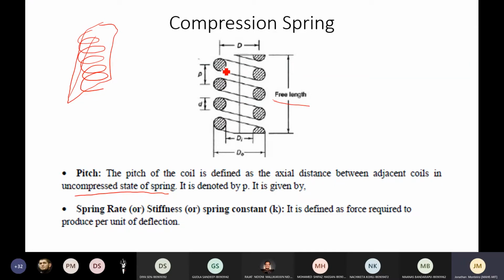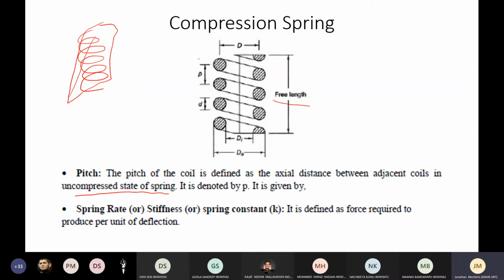In both these conditions, either you call it free length or an uncompressed state, you notice that each of those coils will have some distance, and if it is not a conical spring or a very different special kind of spring, just a normal compression spring, the distance from one coil to the other is constant, and that constant is called the pitch.